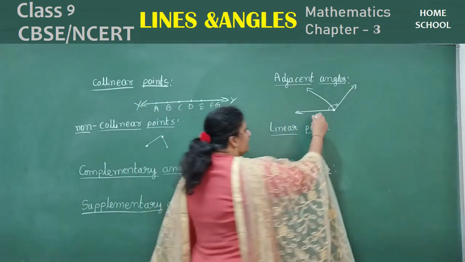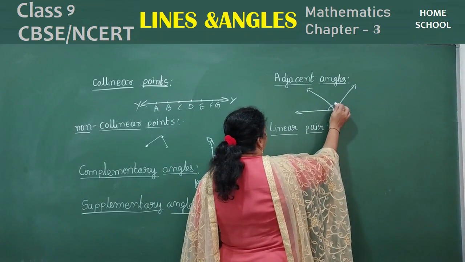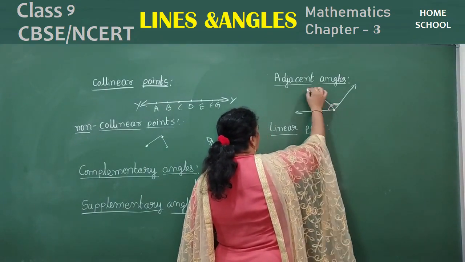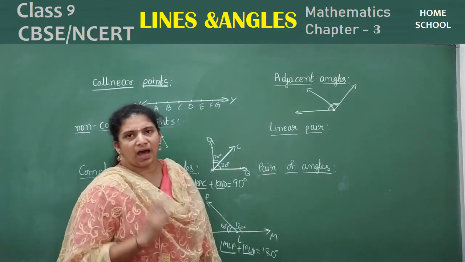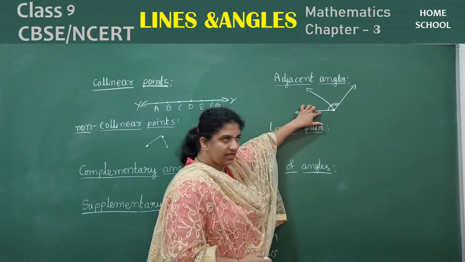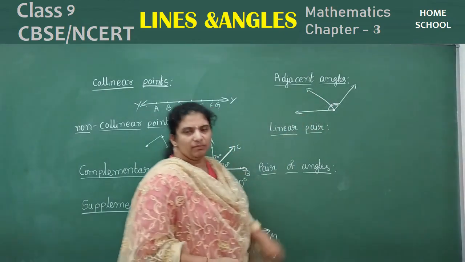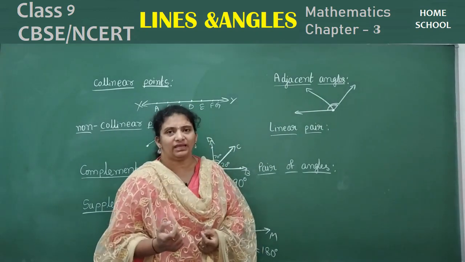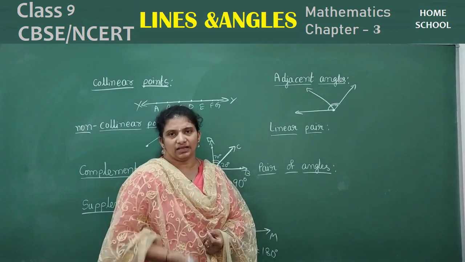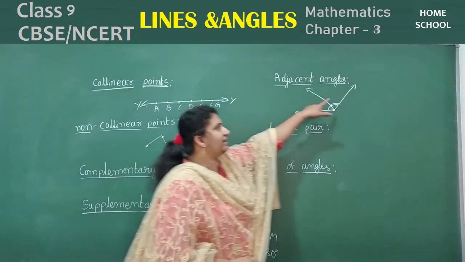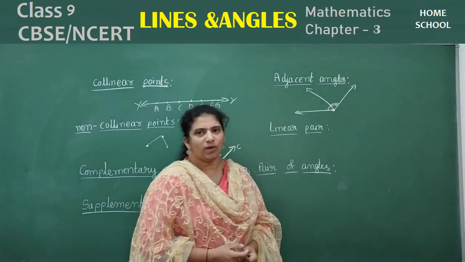So for this angle and this angle, observe carefully. What is the common arm? This ray is there for this angle and also for this angle. It means if any two angles have a common arm in between, we can say those two angles are adjacent to one another.